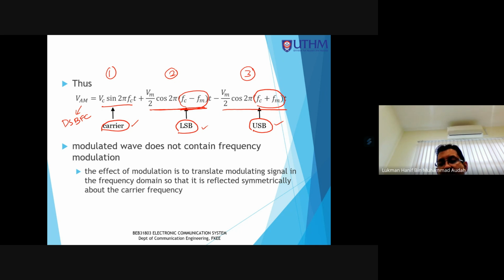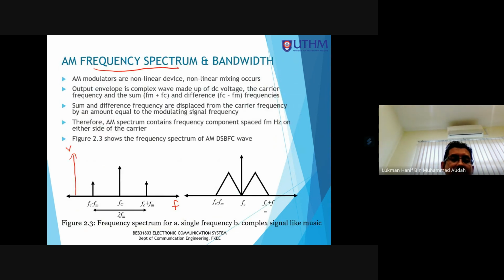That means if you want to draw the frequency spectrum, we are going to have three components, like this. The center is the carrier, so this is the carrier, and the second component is the lower sideband. This is the lower sideband, and the third component is the upper sideband.